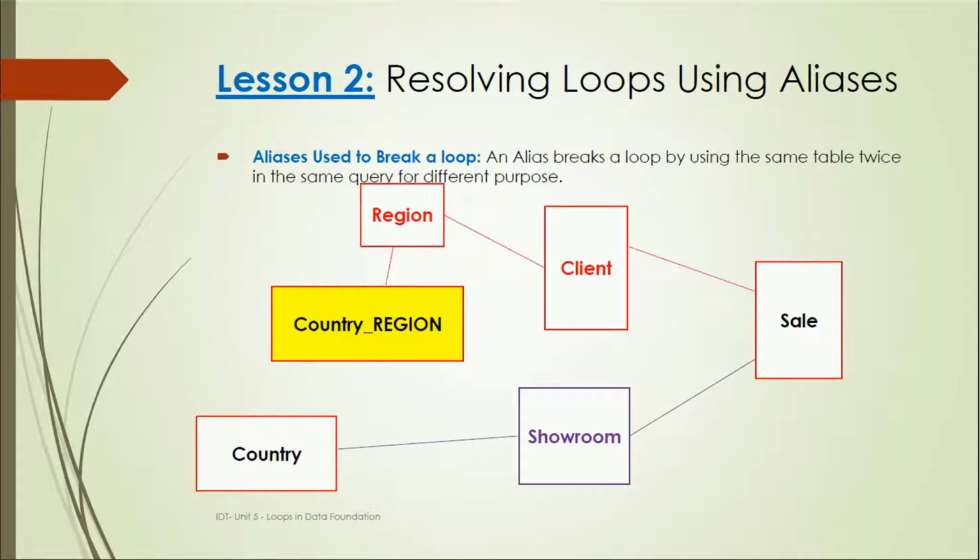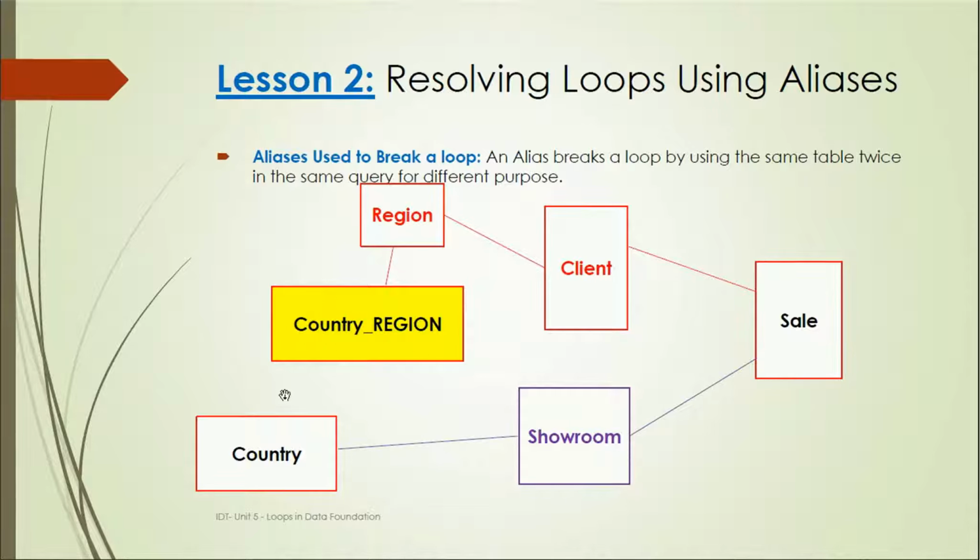There are different ways we can use to resolve the loops. The first one is resolving loops using aliases. An alias is creating a separate table. An alias breaks a loop by using the same table twice in the same query for a different purpose. Suppose this is country, and this country_region is another alias table of country, created just to break this loop.